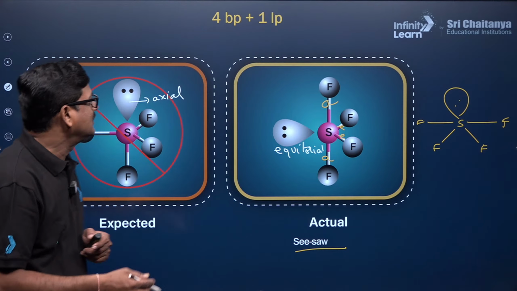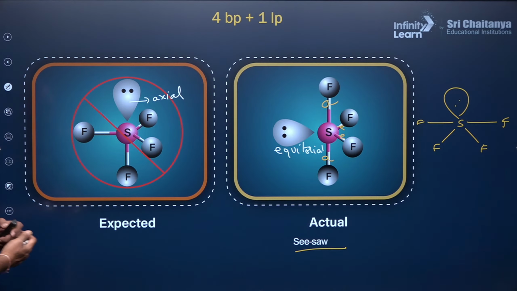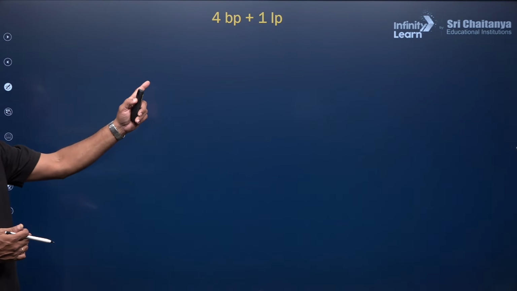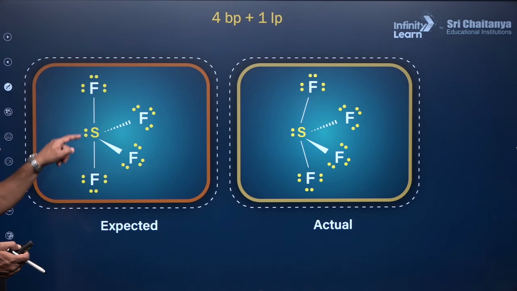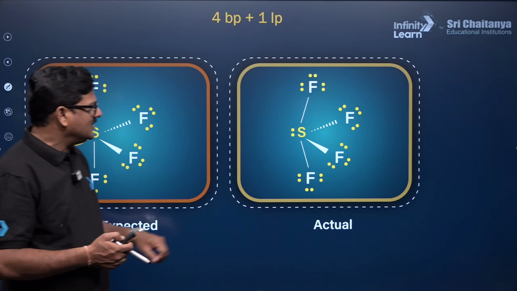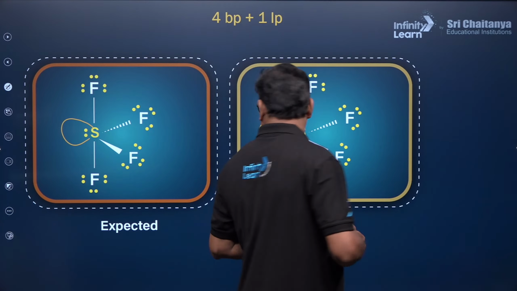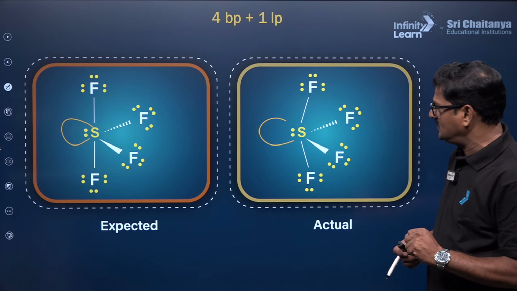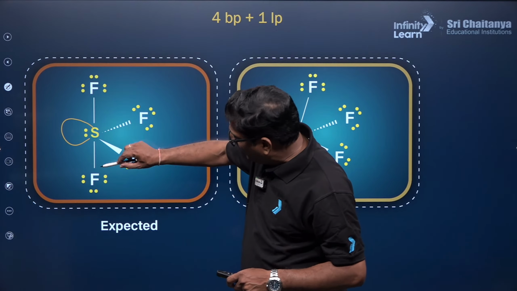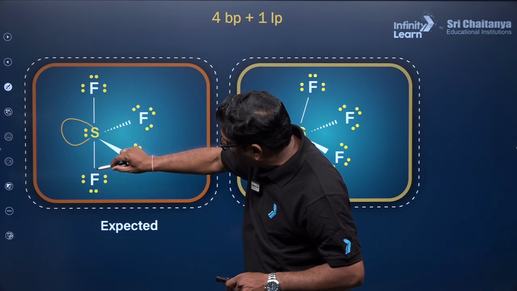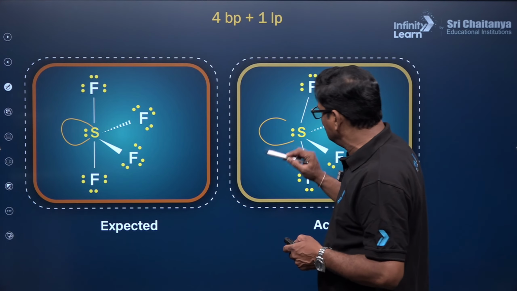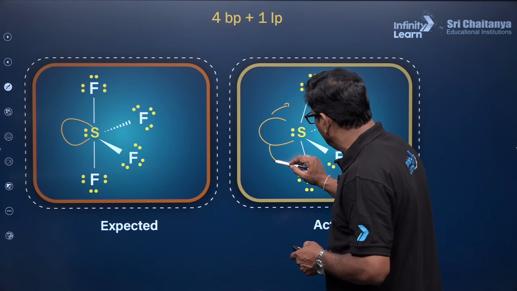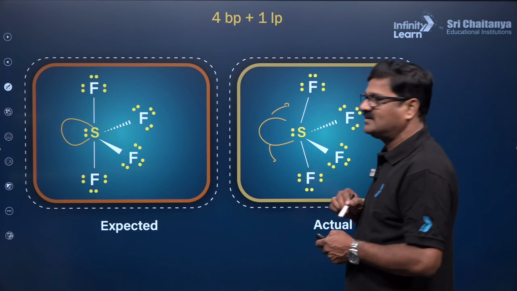Moving ahead, I just want to introduce one more thing here. 4 bond pairs, 1 lone pair. You can take SF4 as well. Now, do you find exactly 180 degrees will be there? Absolutely not, because of the lone pair repulsion, the bond angle is going to be less than expected.